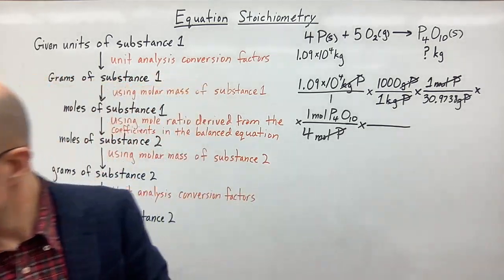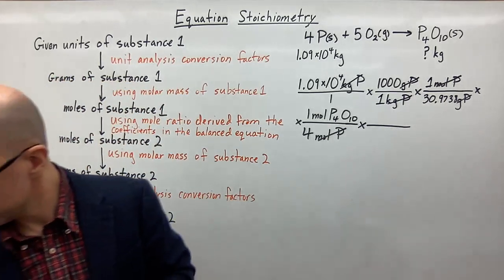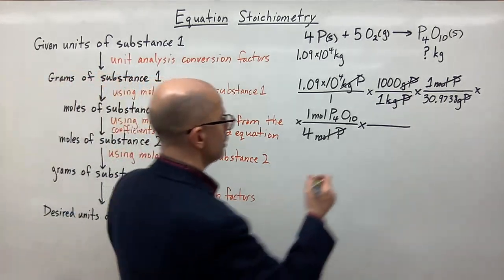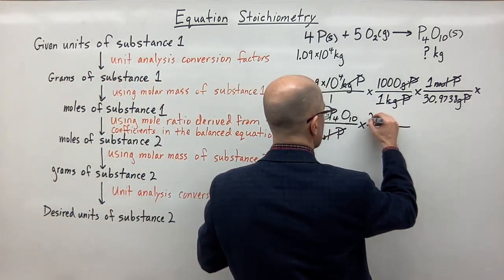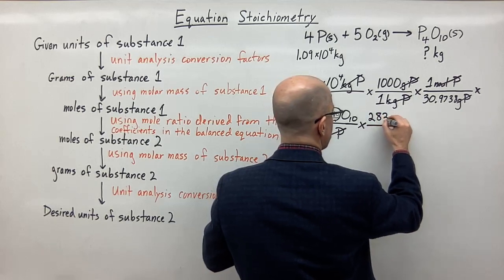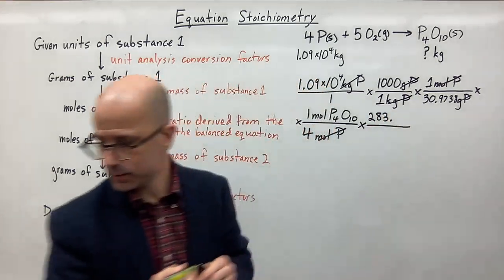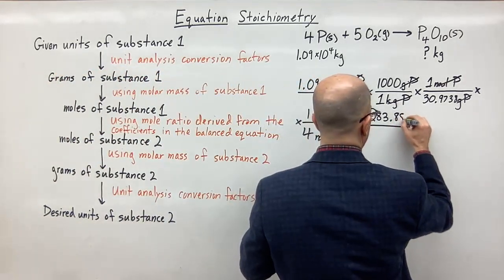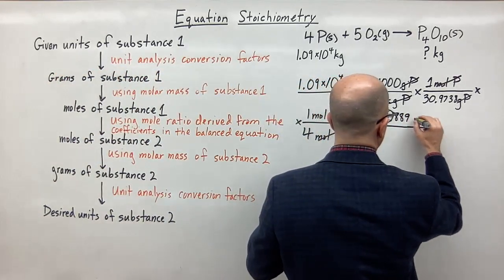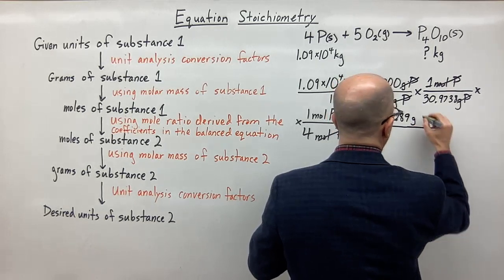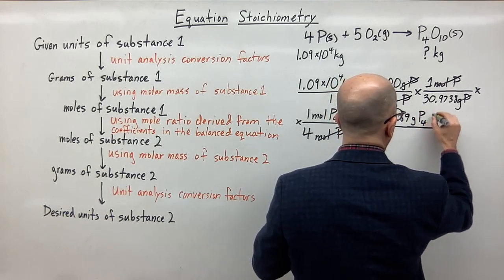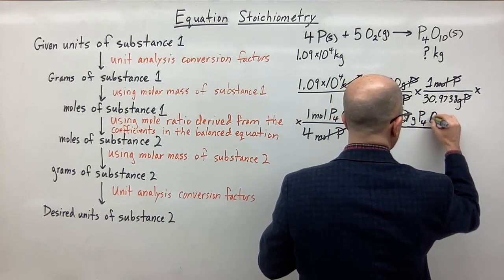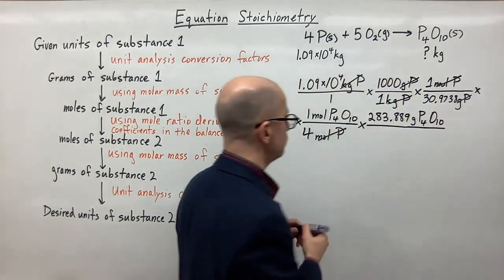So when I look that up, I get 283.889 grams of the P4O10.